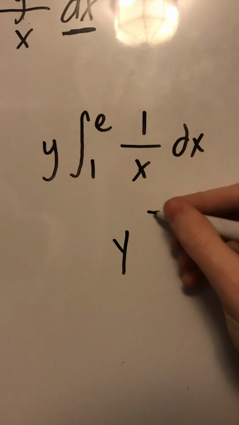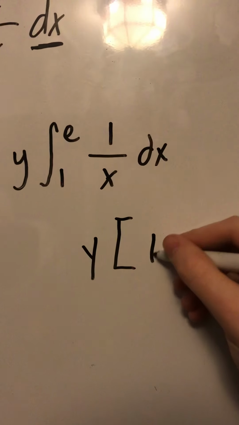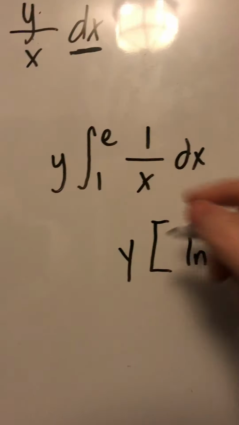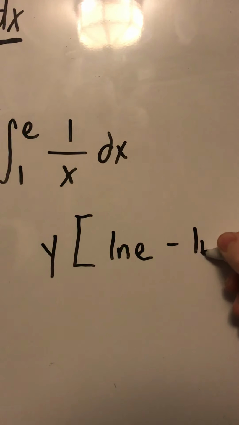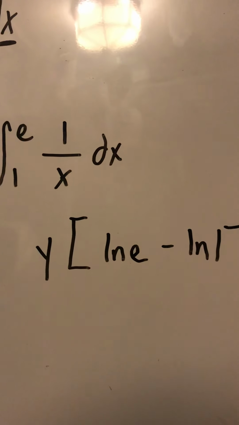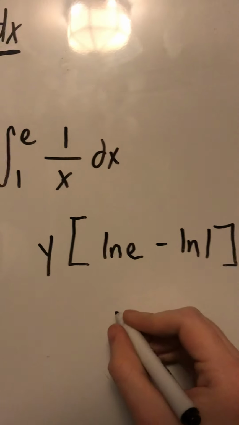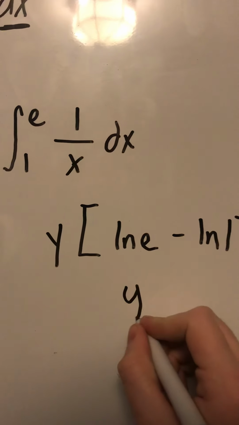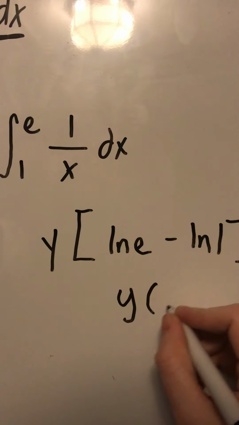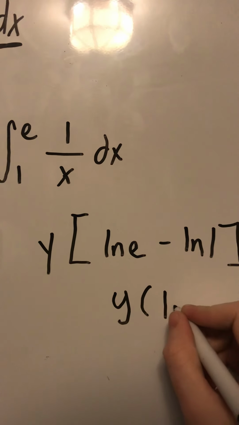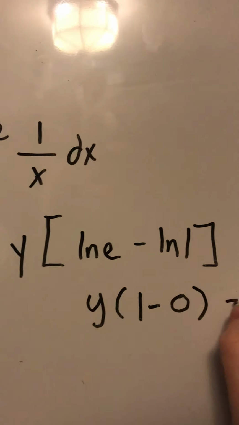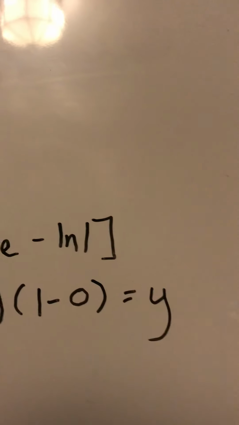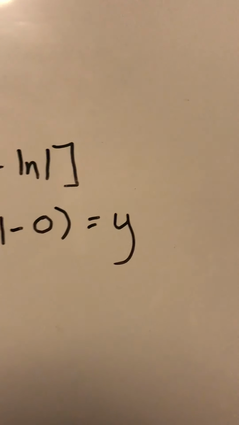So we have y times the ln of e minus the ln of 1, which comes out to be y times 1 minus 0. So it comes out to be just y. That's all it is.